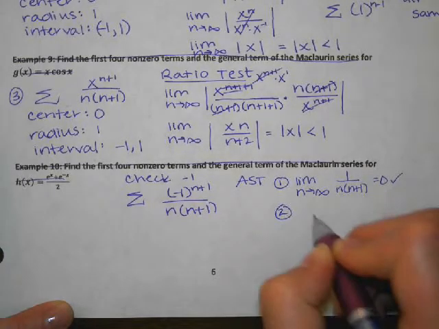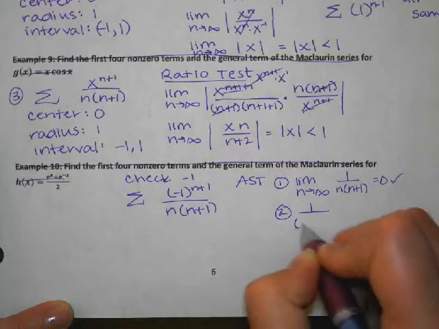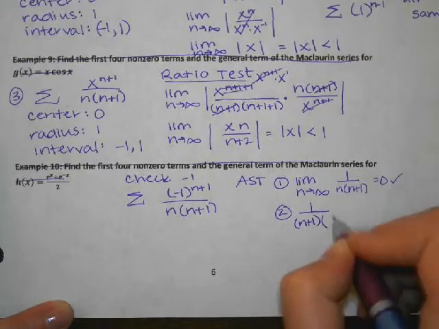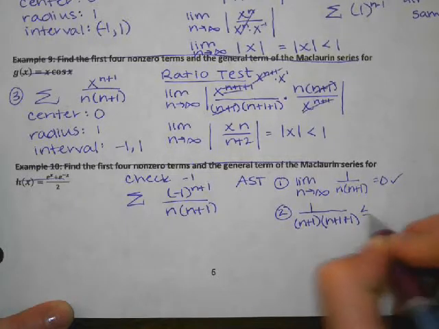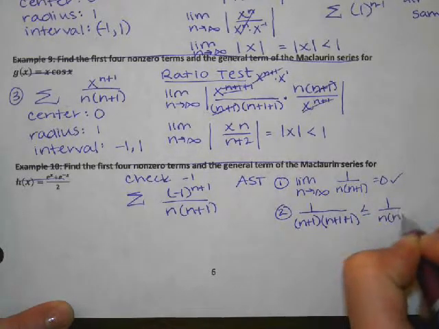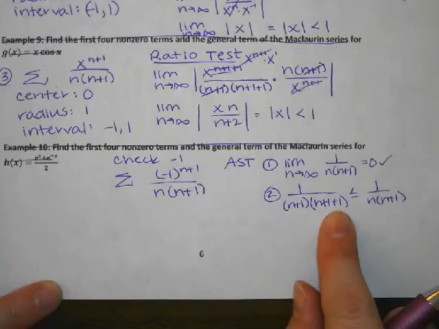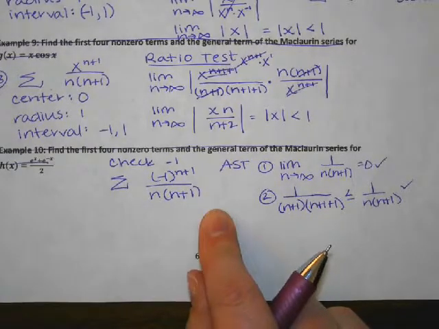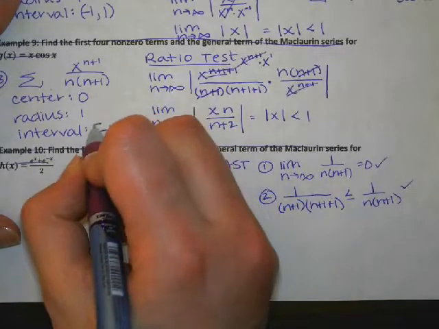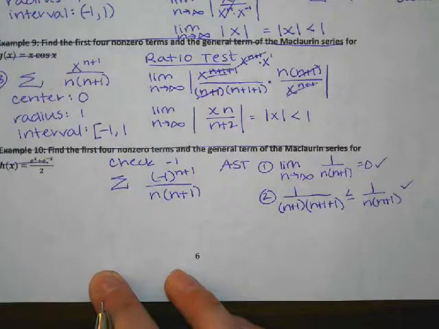And then the second condition is that 1 over n plus 1 times n plus 1 plus 1 is less than 1 over n. And is that true? Mm-hmm. Okay. And so, based on the alternating series test, we're going to conclude that -1 should be included in the interval.